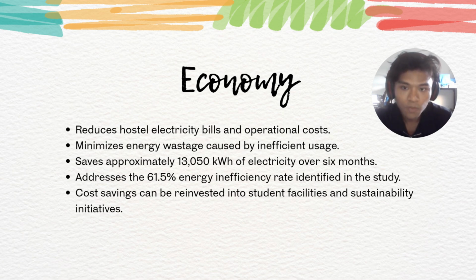The next point is save approximately 30,050 kilowatt of electricity over 6 months. About 30,050 kilowatt can be saved in 6 months. The next point addresses the 61.5 percent energy inefficiency rate identified in the study, which can help reduce the inefficiency rate found in the study.